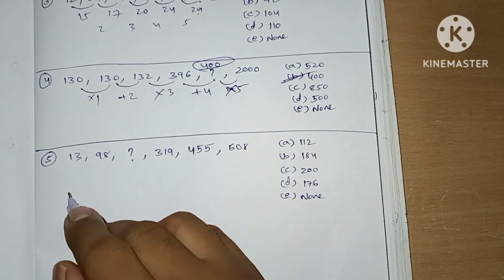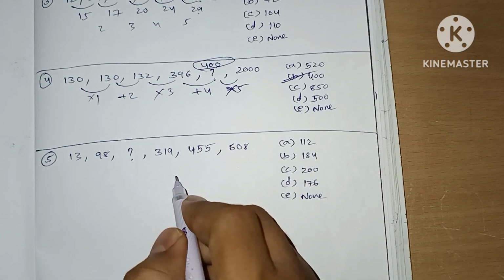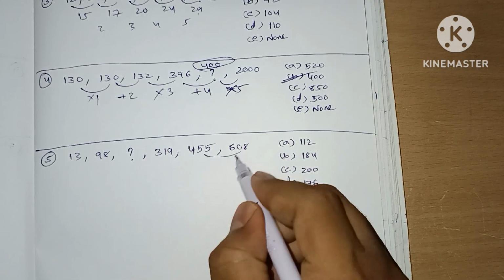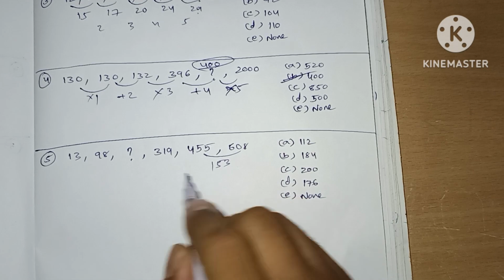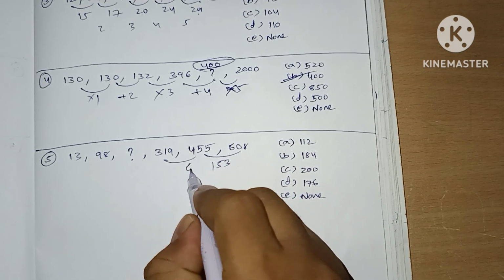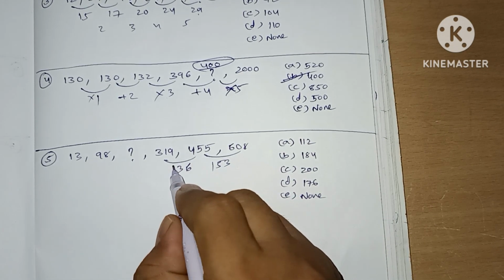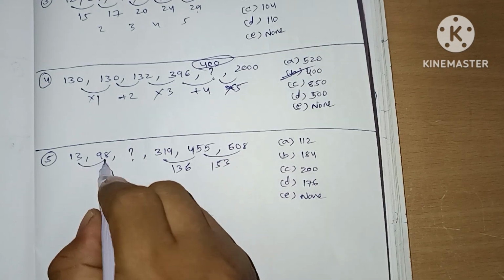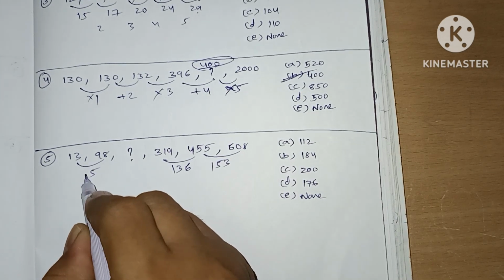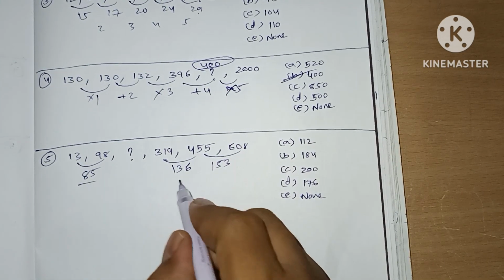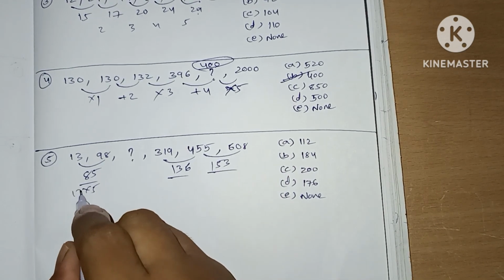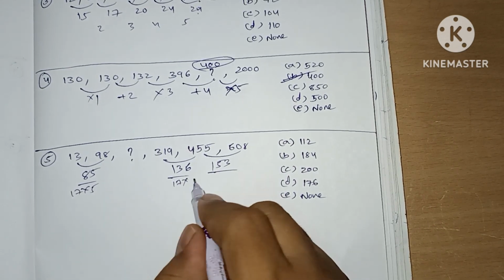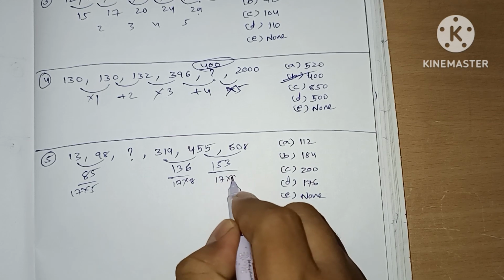Next one. Here we see the differences. Here the difference is 3, 5 and 1. Here the difference is 6, 3 and 1. Here the difference is 5 and 8. I know these are 17 factors. 17 5 times, 17 8 times, 17 9 times.